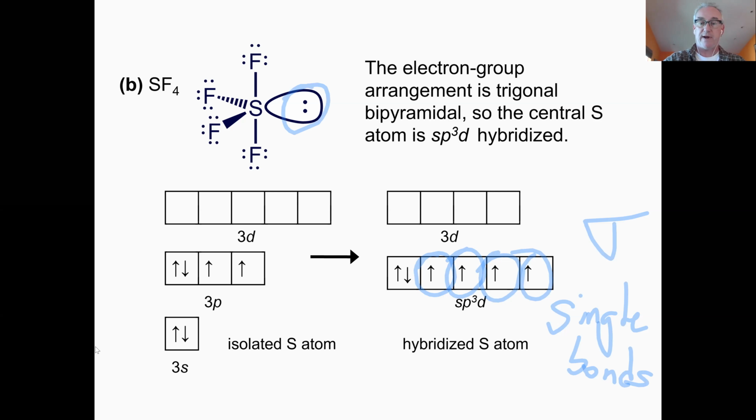So our lone pair gets into a hybridized orbital. Now, what is the second kind of bond? Anyone know what the second kind of bond is? A pi bond? Pi bonds, exactly. Can you tell me what a pi bond is? Is that a double bond?